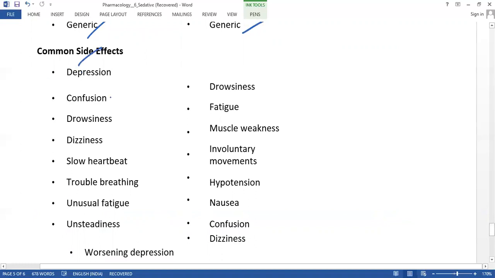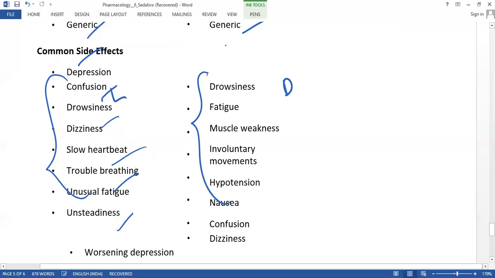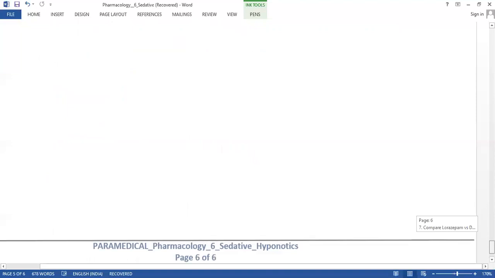For lorazepam: depression, drowsiness, slow heartbeat, trouble breathing, so breathing difficulties, and unsteadiness. Whereas here for diazepam: drowsiness, fatigue, muscle weakness, involuntary movement, hypotension, nausea. These are the common effects of these sedative hypnotics.